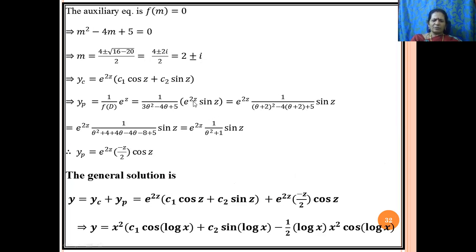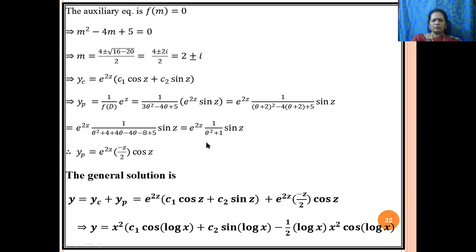So if it is an exponential function, in this e power 2z is there, so the coefficient of z, a, is 2 here. So we have to add it to the theta, right? Suppose the function is like this, we have to do like this, right? Then after that, apply the formula for this. This is in the form of 1 by theta square plus 1 into sine theta.